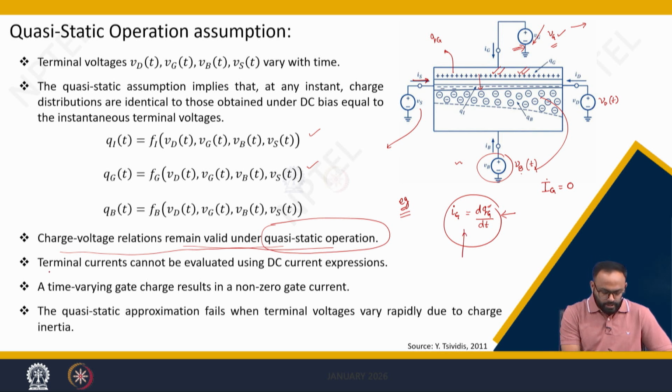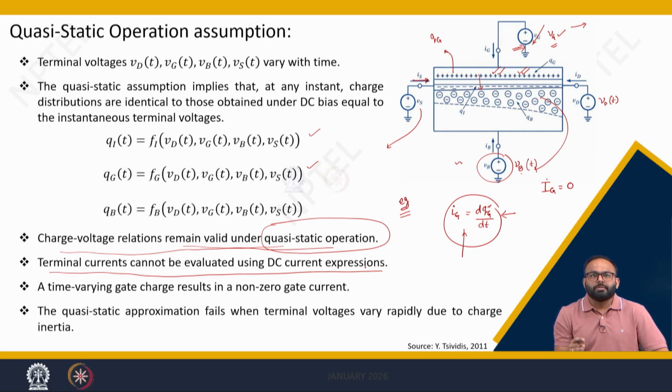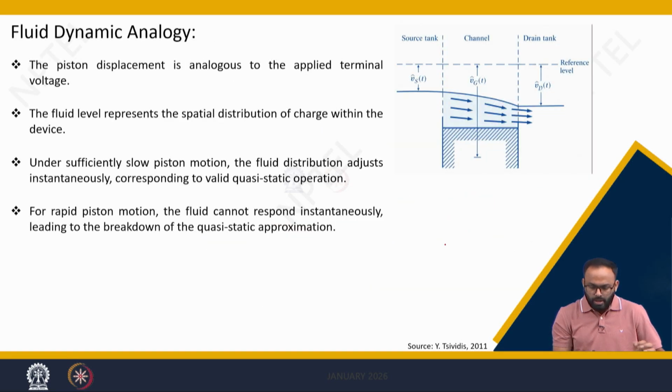That is why the terminal current cannot be evaluated using DC current expressions. A time varying gate charge results in a non-zero gate current. That is the example we have taken to start our quasi-static operation. Now, let us take an analogy to understand again what we are talking about in quasi-static analysis.